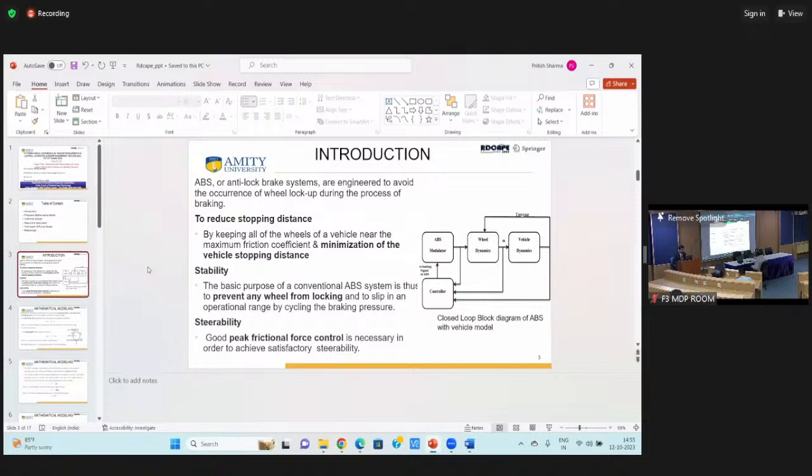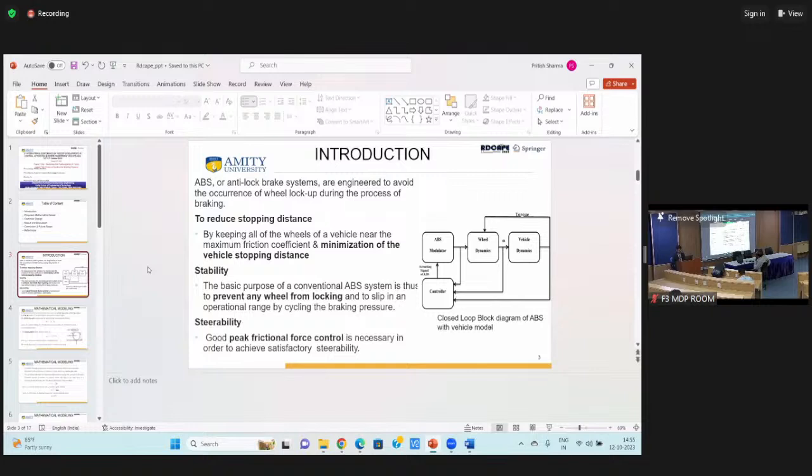Why do anti-lock braking systems matter? For cars or any vehicles, we generally use an anti-lock braking system so that while applying the brake, our wheel does not lock up.